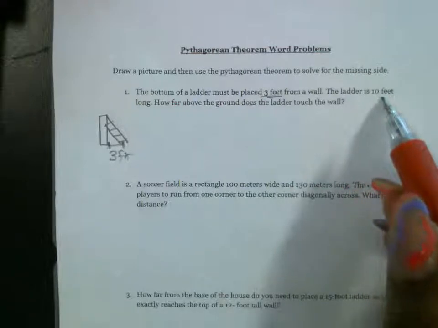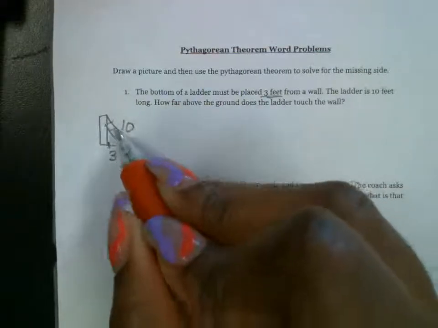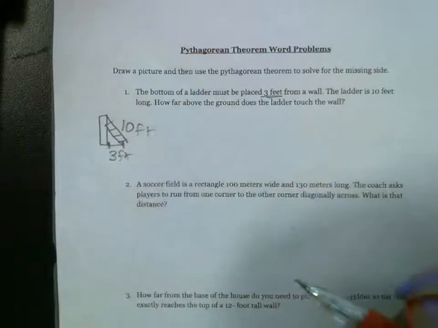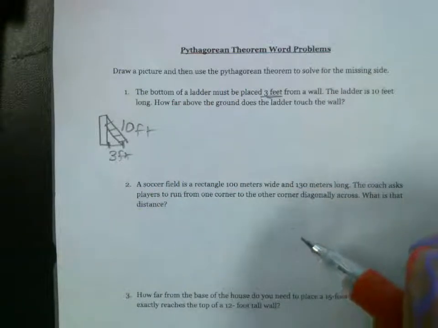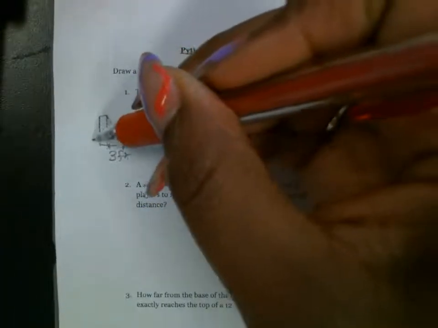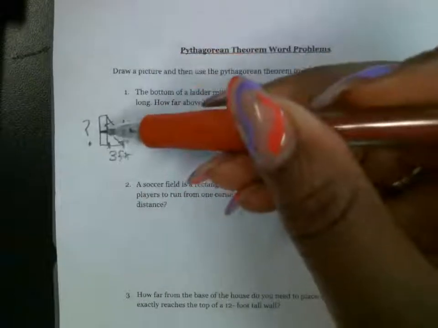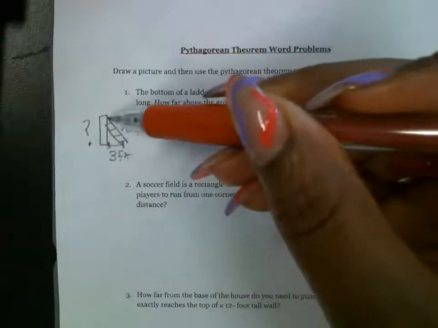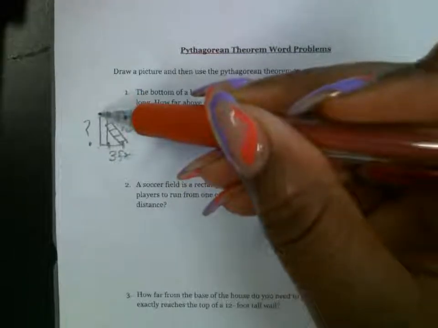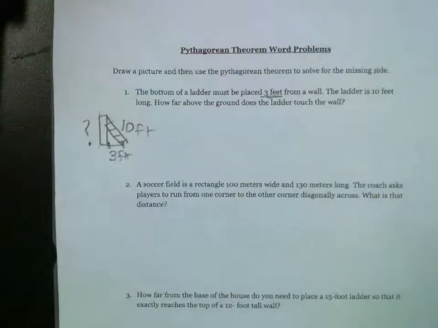The ladder is 10 feet, so we're going to put 10 feet here. How far above the ground does the ladder touch the wall? It touches up here. So this is what you're trying to find, this length right here, from the ground to the top part of the ladder, where it touches the wall.